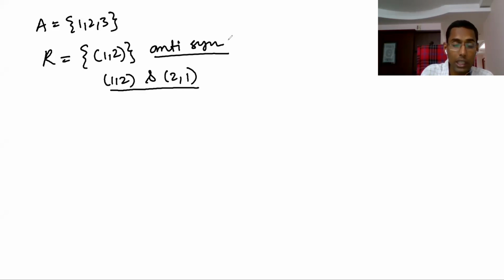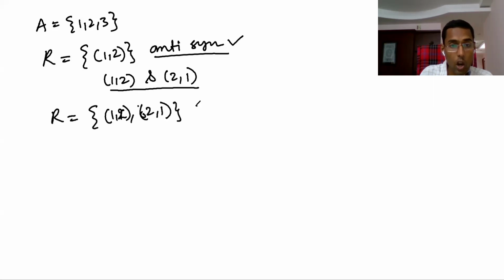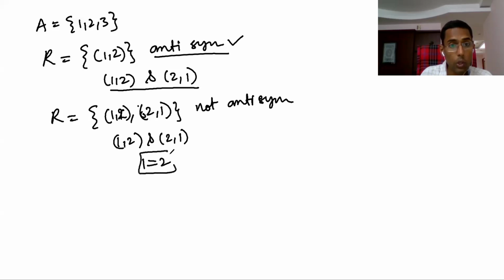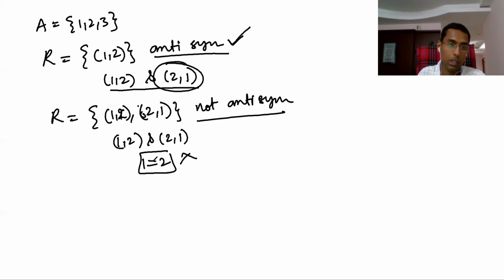For example, you have 1 comma 2 and 2 comma 1 also there. This is not antisymmetric. Why not? 1 comma 2 is there and 2 comma 1 also there, then 1 should be equal to 2. That is not possible. So if 1 comma 2 only is there and 2 comma 1 is not there, this becomes automatically antisymmetric.